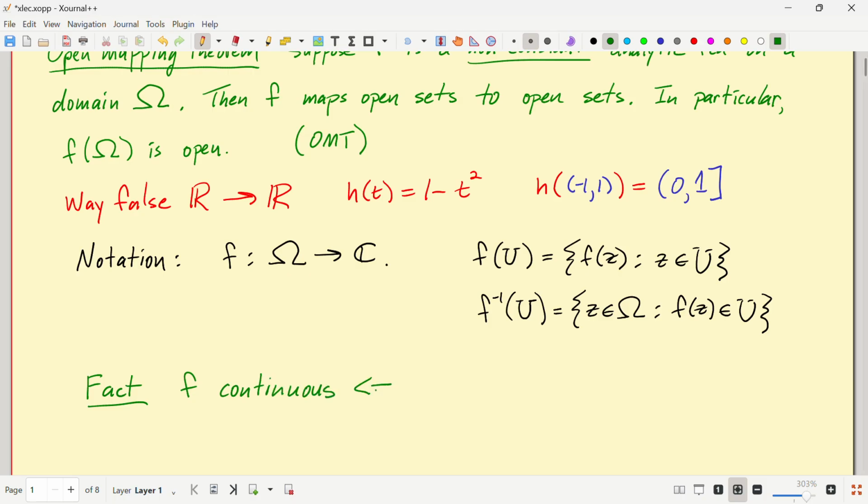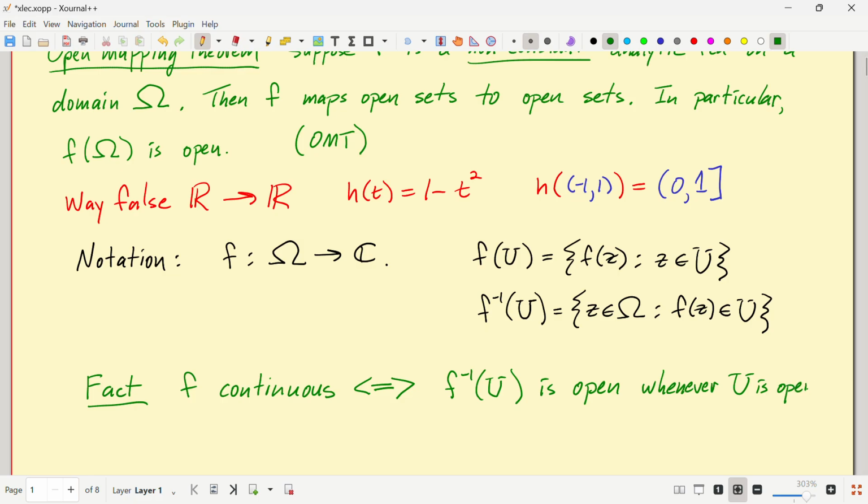Another way, everybody knows the epsilon delta definition, but an equivalent to the epsilon delta definition is that the inverse image of an open set is open whenever U is open.